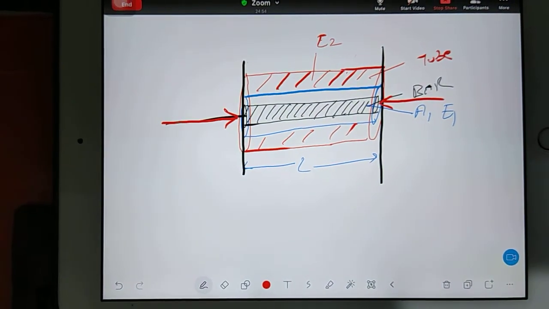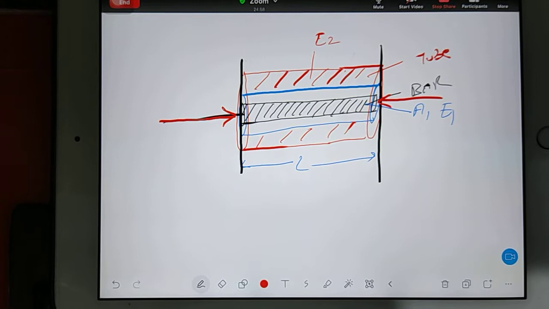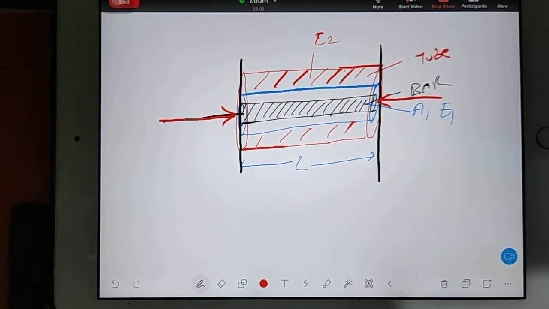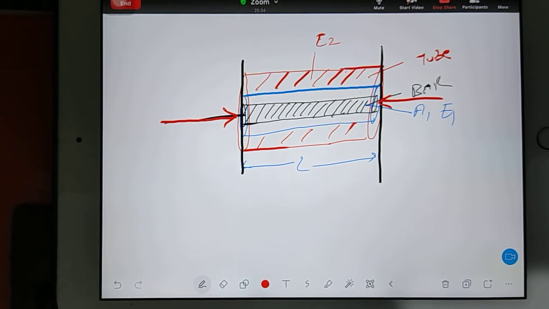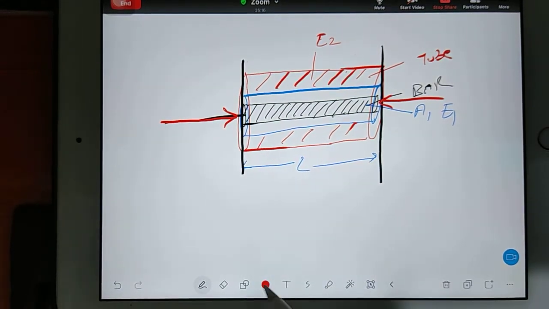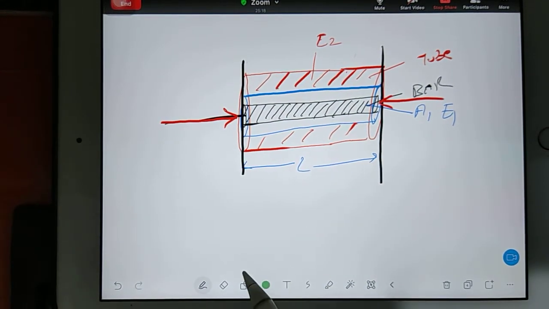Both the bars will get compressed, but in reality every bar will not experience the same amount of loading, right? Why will they not experience the same amount of loading? Because they have different material. Because of different material, both the bars will experience different loading.